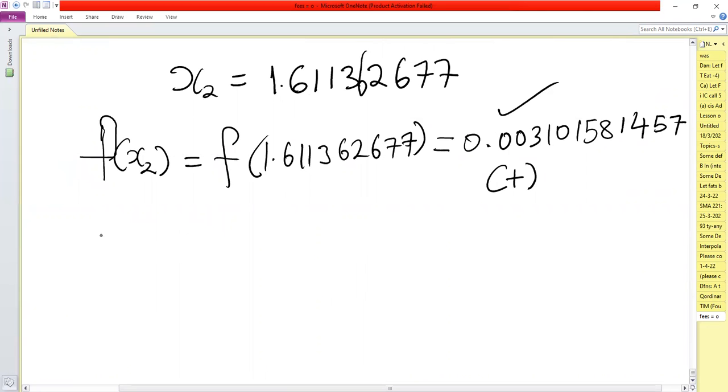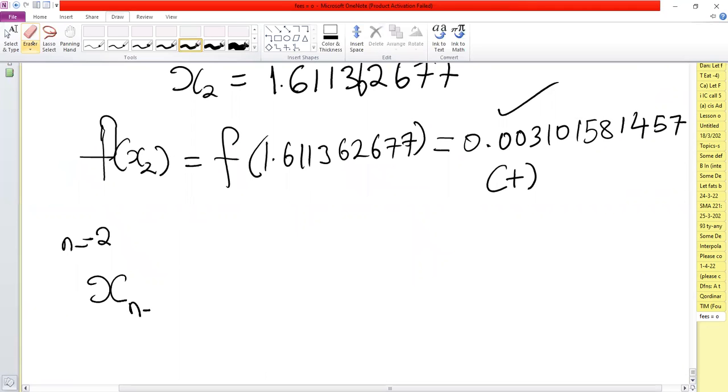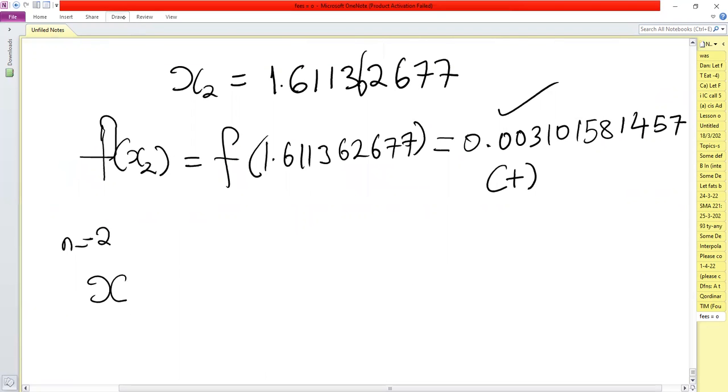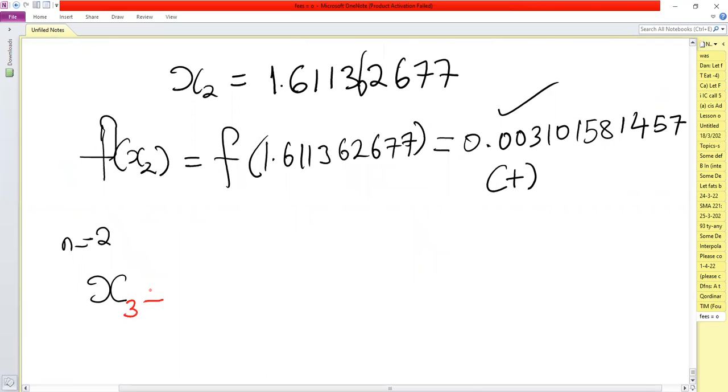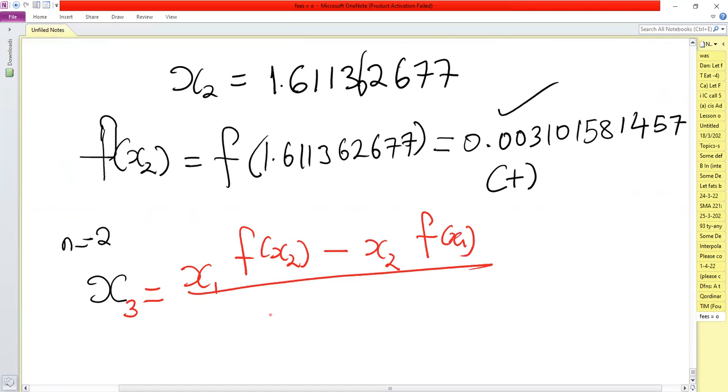So when n equals 2, n plus 1 is 3. So we'll have x3 is given by x1 f of x2 minus x2 f of x1 divided by f of x2 minus f of x1.